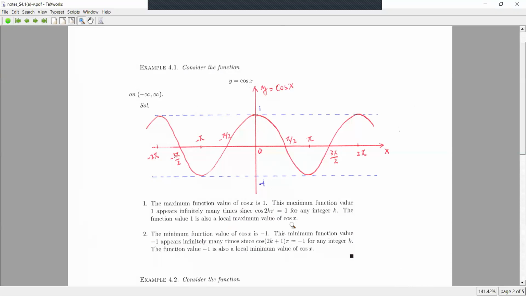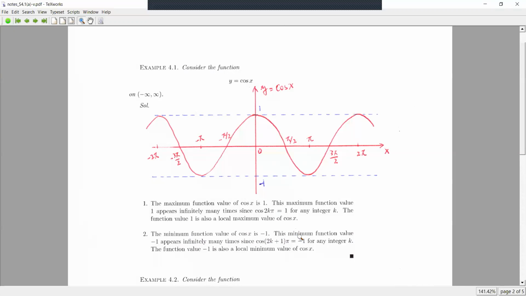A local maximum function value may not be a global maximum function value, but a global maximum function value must be a local maximum function value. How about minimum? The minimum function value of cosine is -1.